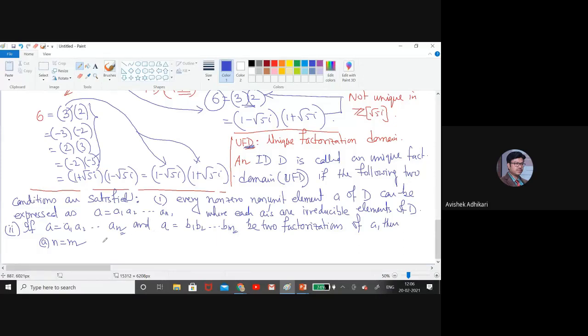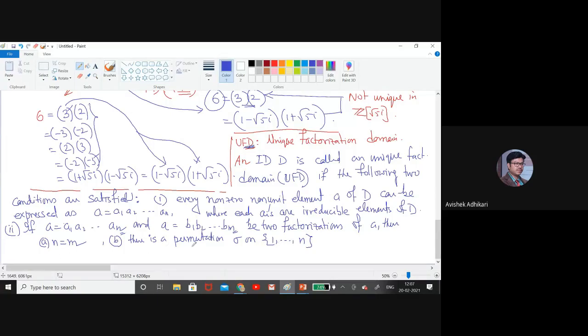And the second property it should satisfy: there is a permutation sigma on the set of elements 1 to n. Now you can see that n and m are the same, so the sets 1 to n and 1 to m are the same.